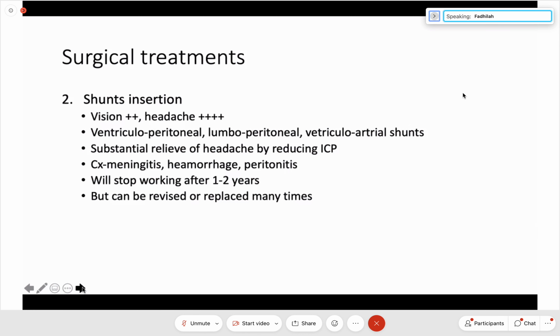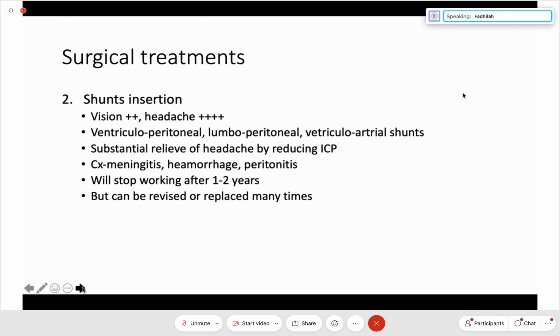Now, other surgical treatment is of course shunt insertion. This is mainly if the headache is intractable, but the vision is not so much affected, so you would want to consider this, especially if you have been treating this patient for so long, with so many complications. You may want to talk to your neurosurgeon and might consider this. So what you can do is of course VP, LP, or VA shunts.